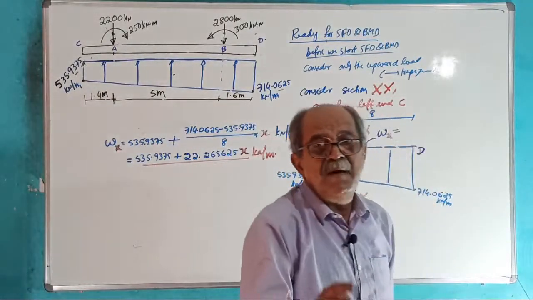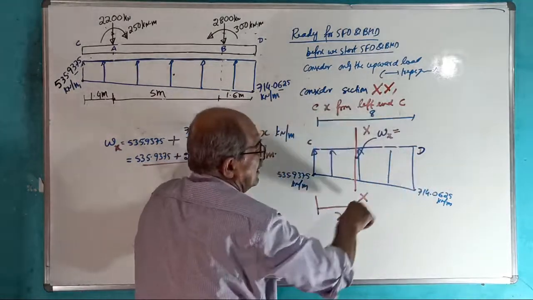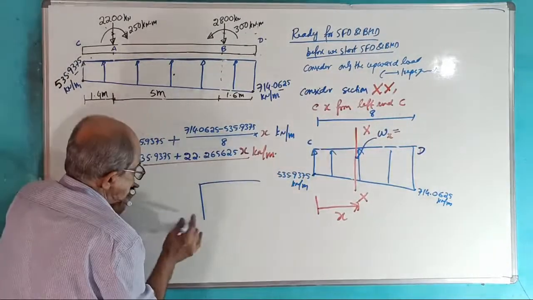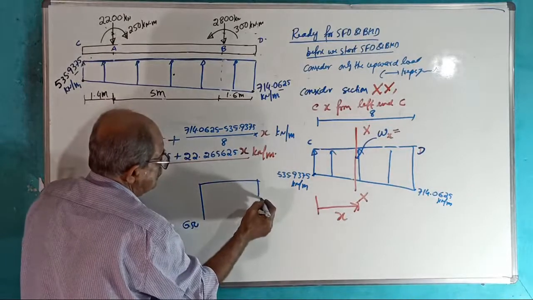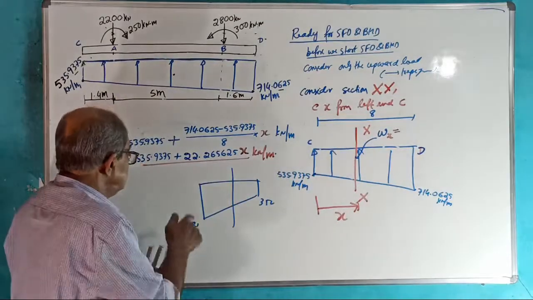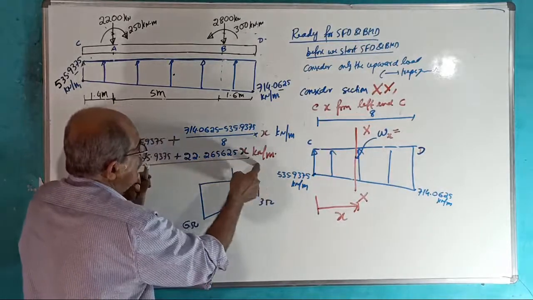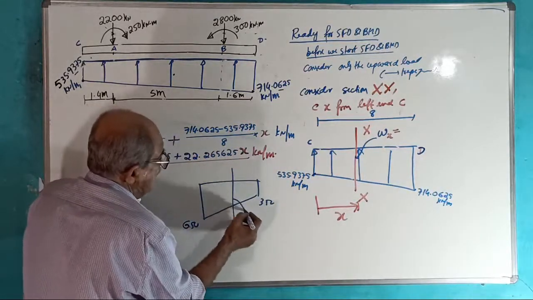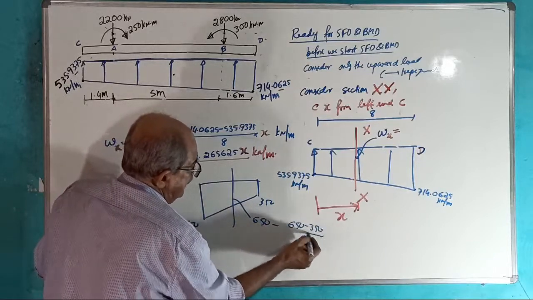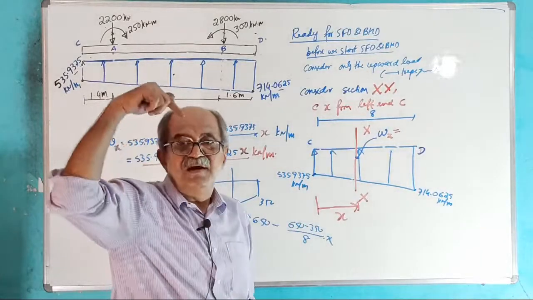Remember, next problem it is going to decrease from here. Suppose this is 650 and this comes 350. Next class I will write 650 minus 350 divided by 8 into x, because of the decreasing trend.